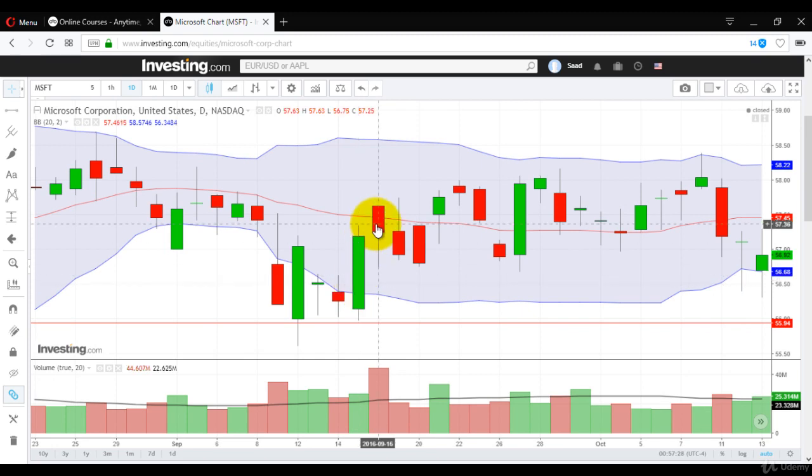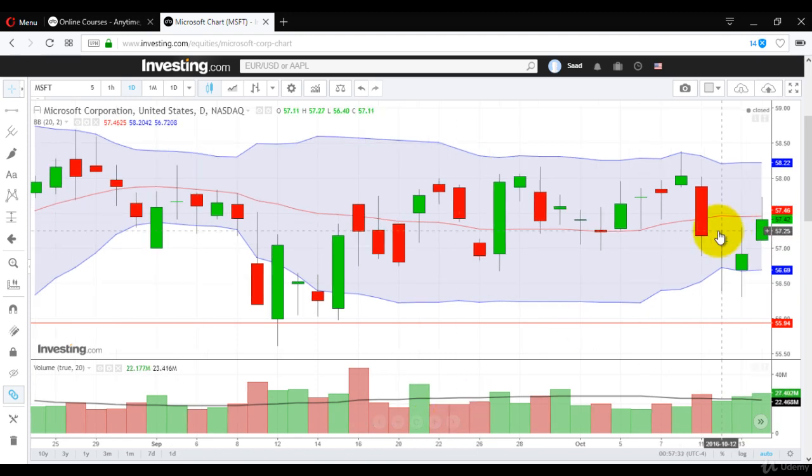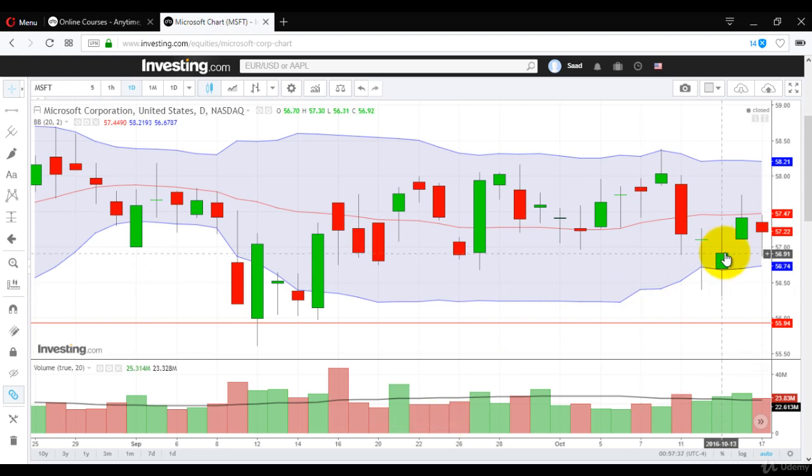So 16th October it will again expire, and this is 13th, 14th, and this is 16th. This is 17th, Monday. So if you look at it, again it expires worthless. So again you earned it, and you already own the stock.